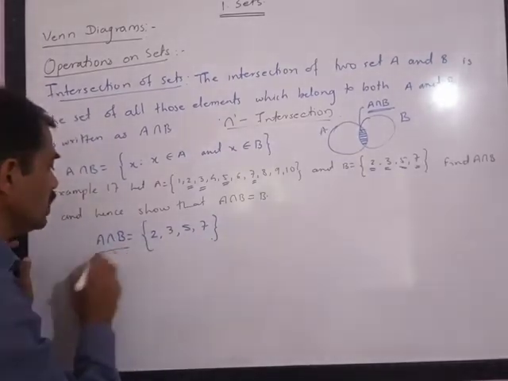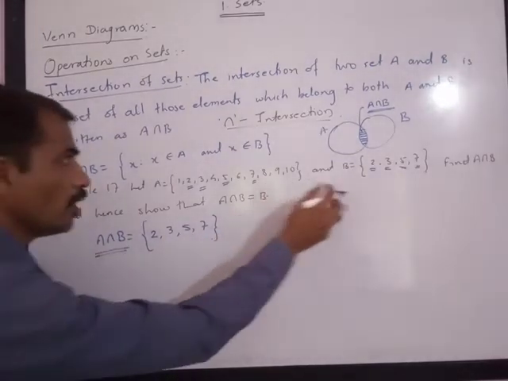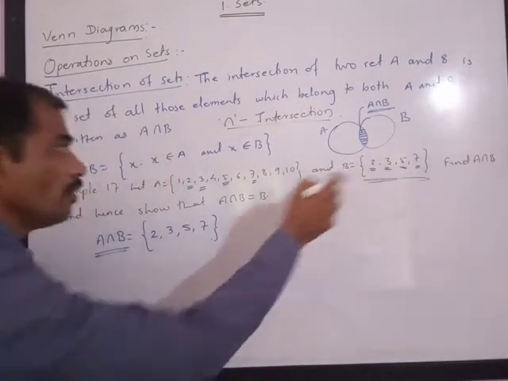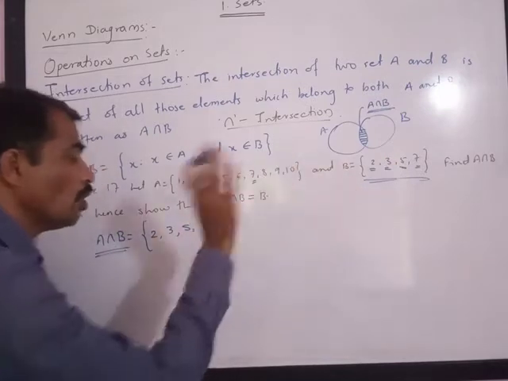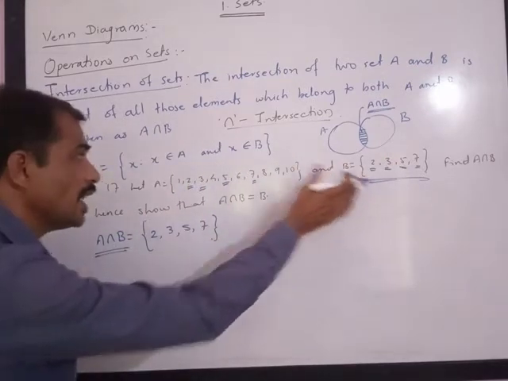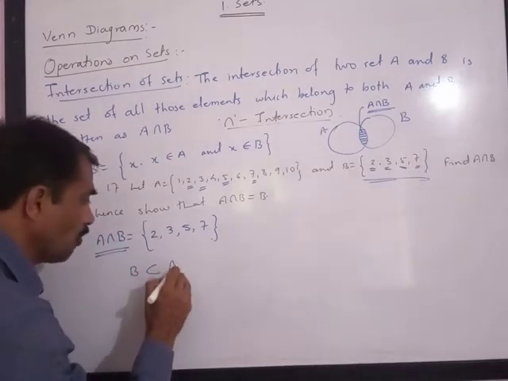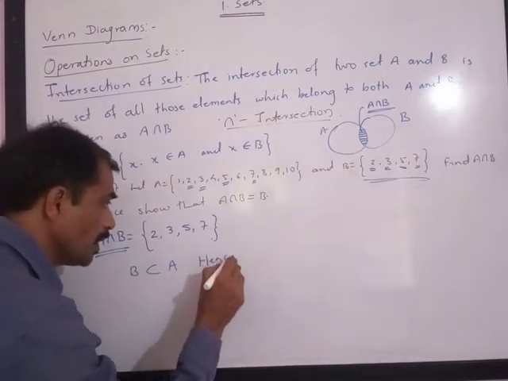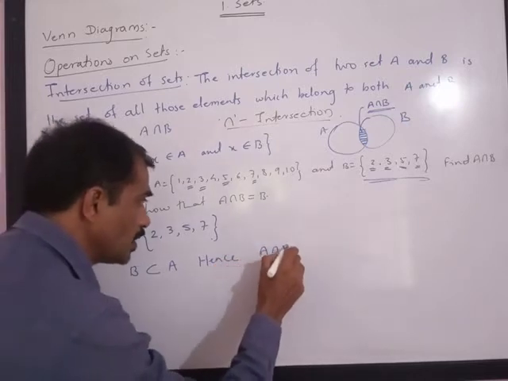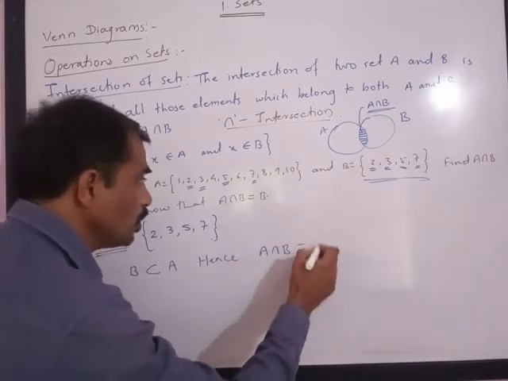So A ∩ B is equal to set B itself, {2, 3, 5, 7}. This is possible only if one set is a subset of the other. In this case, B is a subset of A, hence A ∩ B is equal to B.